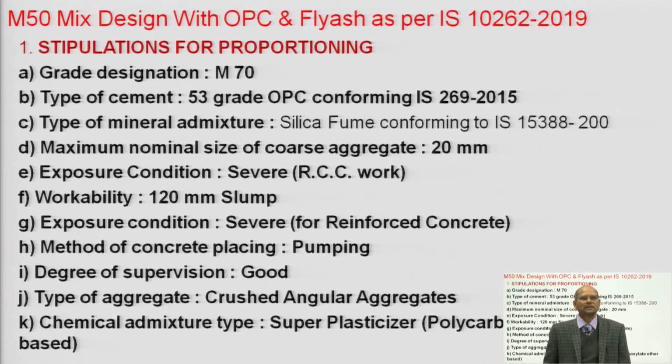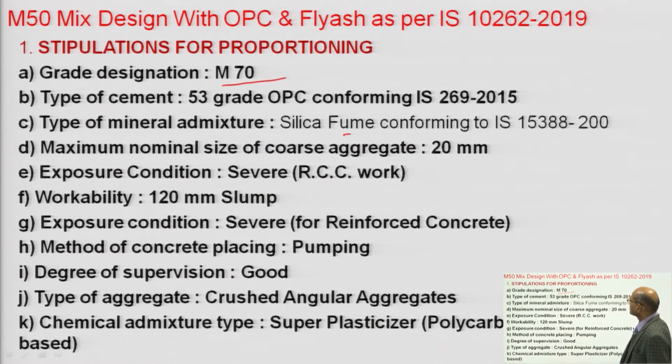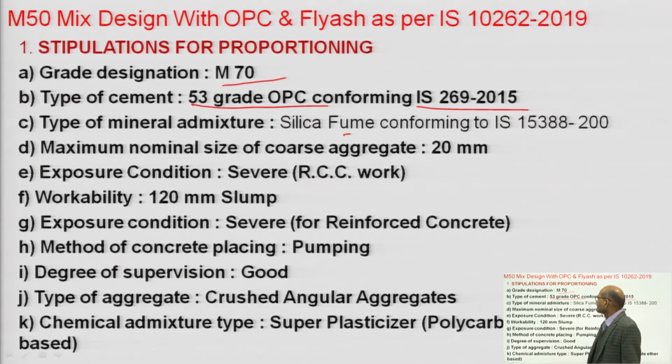So, here what are the things I have taken? M70 grade concrete. Type of cement: 53 grade OPC conforming to IS 269:2015. Type of mineral admixture: we have to use silica fume, and here you write fly ash.